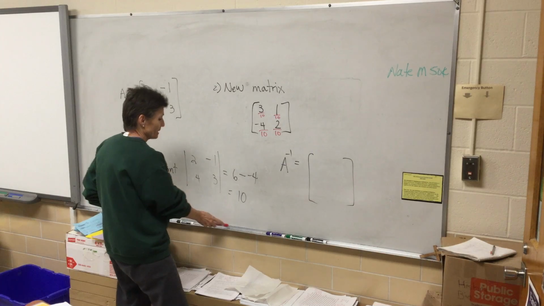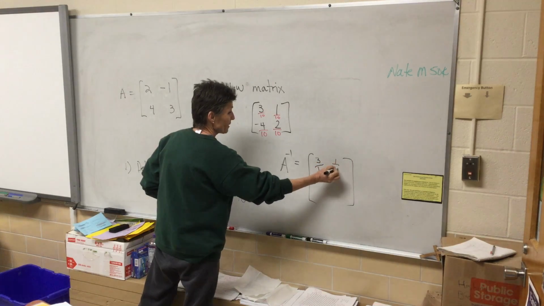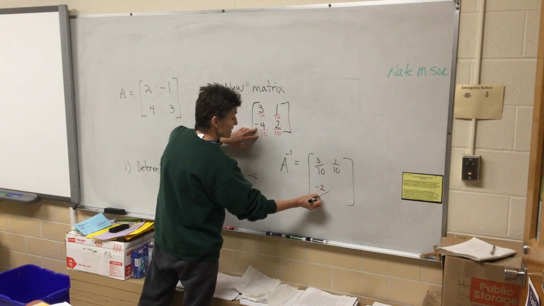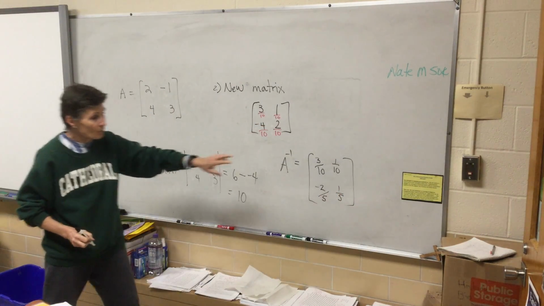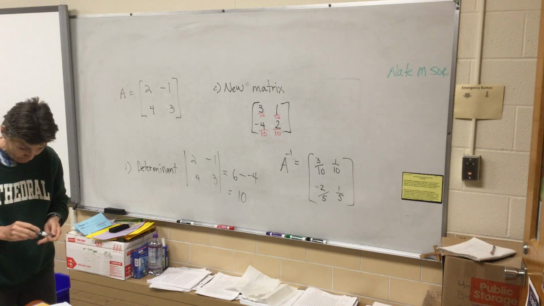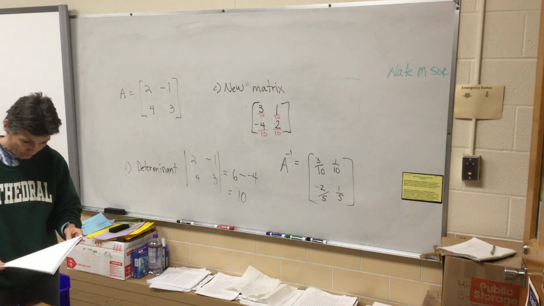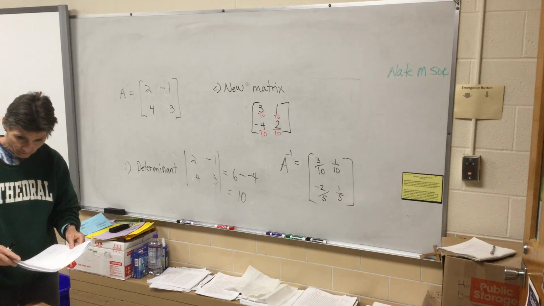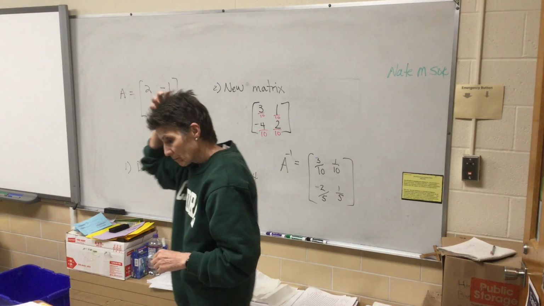If things reduce, I need to reduce them. So 3/10 does not reduce, and 1/10 does not reduce. But negative 4/10 is negative 2/5, and 2/10 is 1/5. So this would be my final answer. Okay?